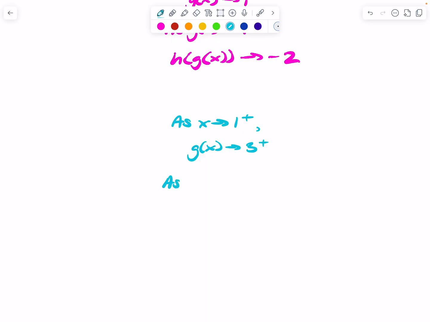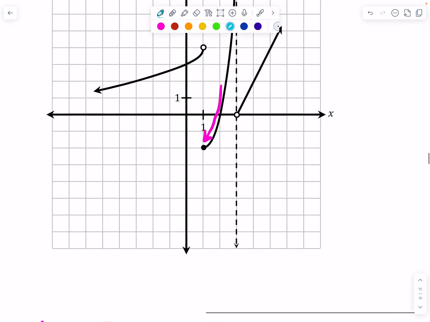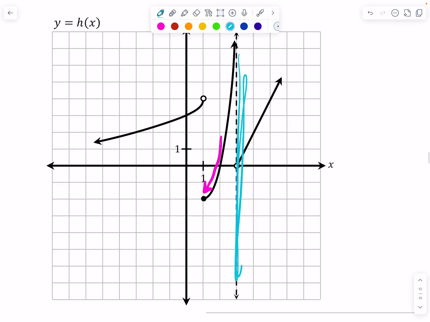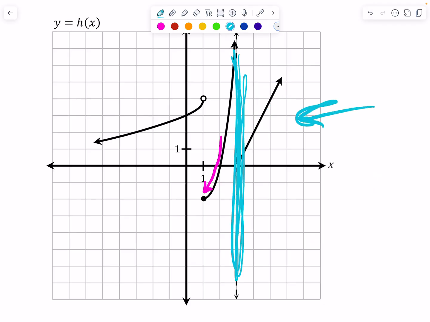So, as g of x approaches 3 from higher values, h of g of x is doing what? So as the input for h approaches 3, well, here's 3 for h of x, and we're approaching from higher values. We're approaching from this side, moving in that way.